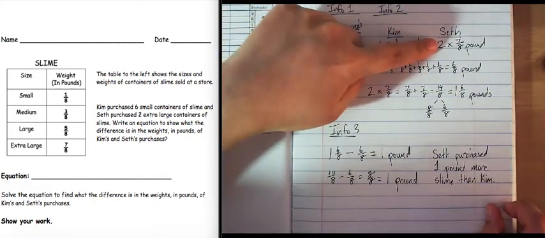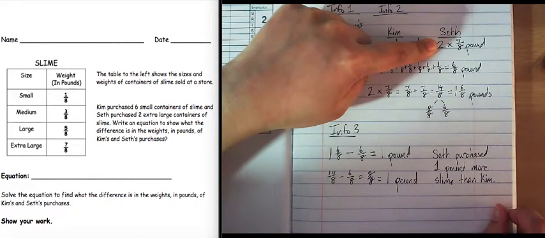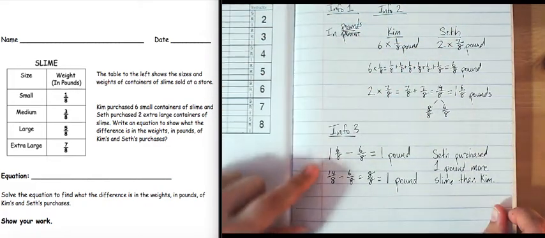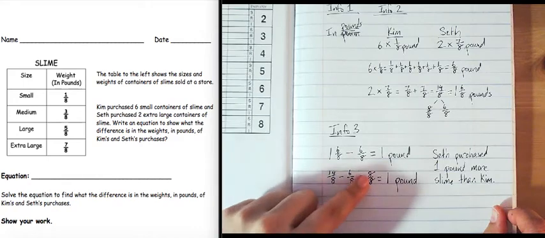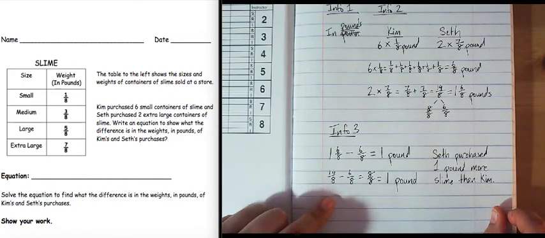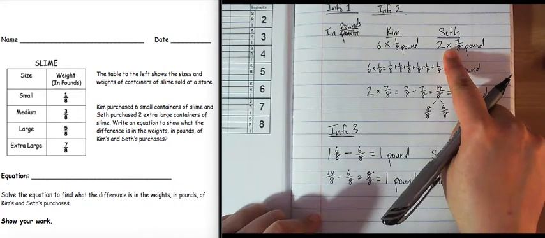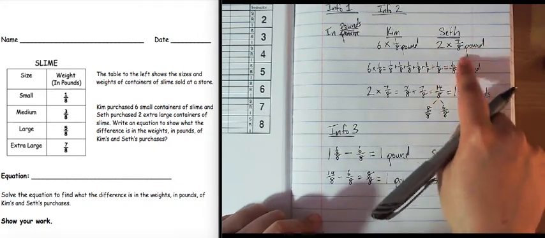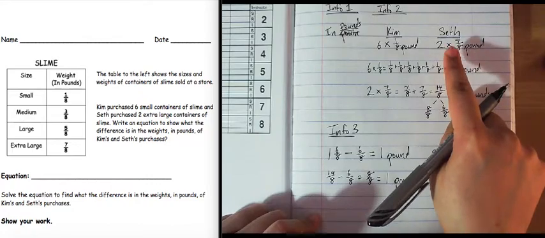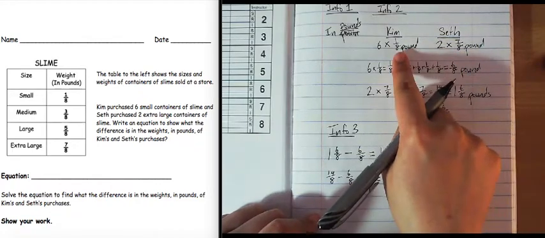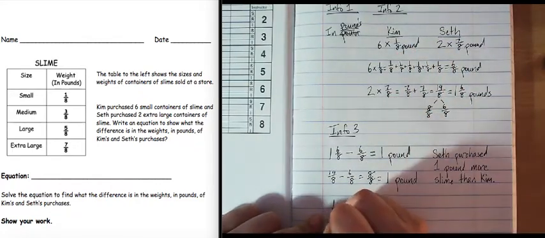Then we determined how much slime Seth purchased. And then we subtracted the two totals. Well, be careful. We have to put Seth's information first because Seth's information shows us that he purchased more slime than Kim. So here's our equation.